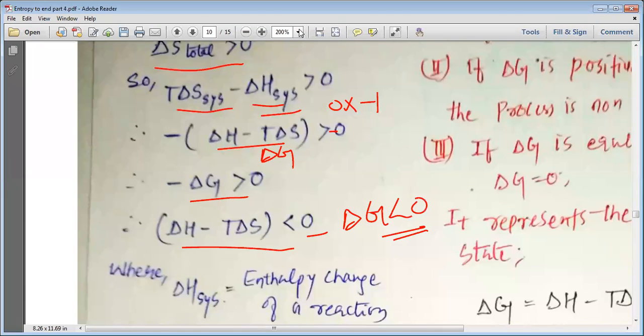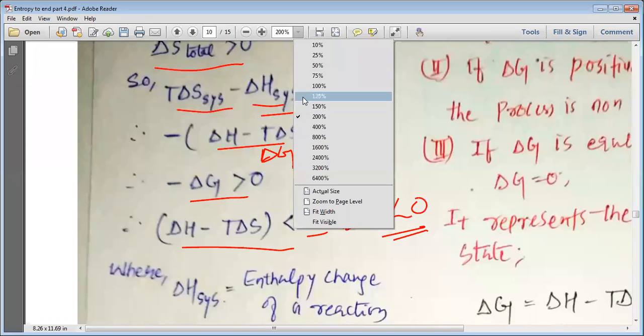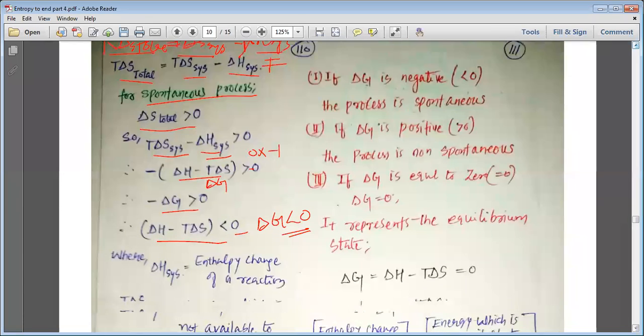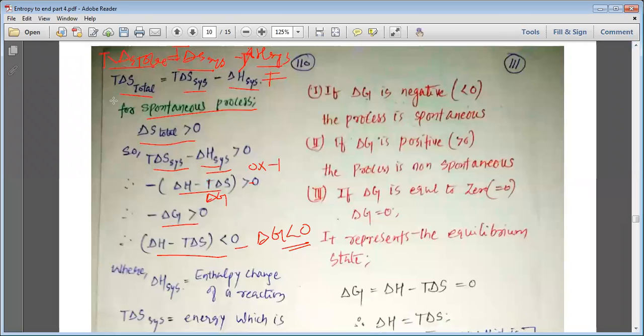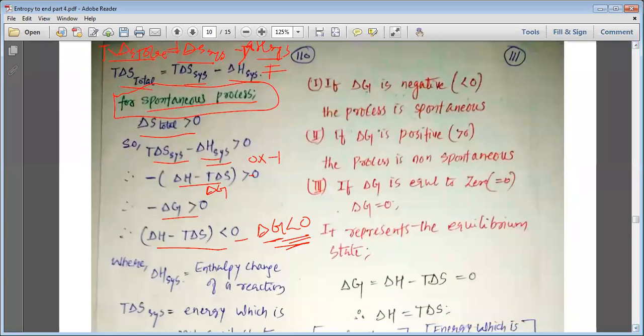So this is the condition for a reaction to be spontaneous, my dear students. Once again, for a spontaneous process, from all this calculation, we come to the conclusion that delta G must be less than 0.